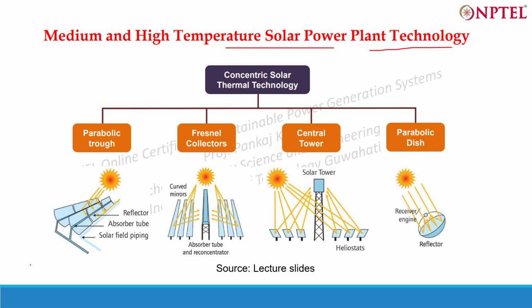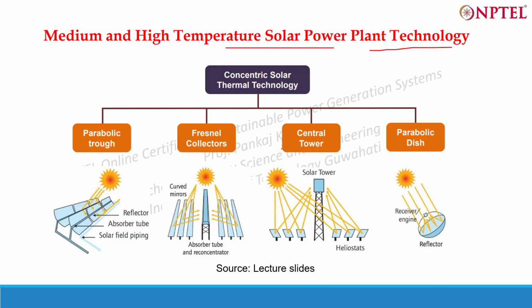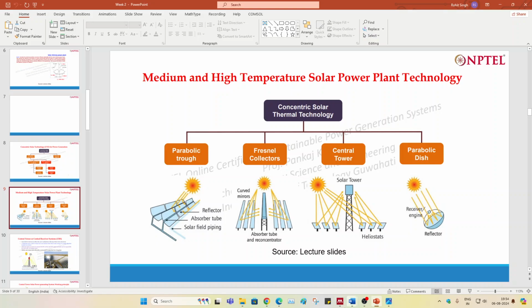We have parabolic trough, like I said, a dish curvature which reflects the sunlight focusing on a pipe. Then we have curved mirrors, Fresnel reflector. Then we have solar tower, and we have parabolic dish.